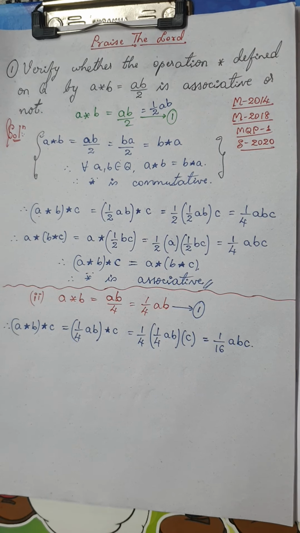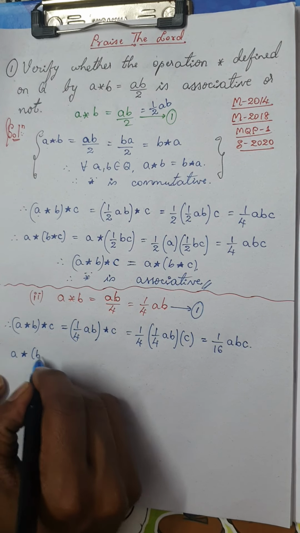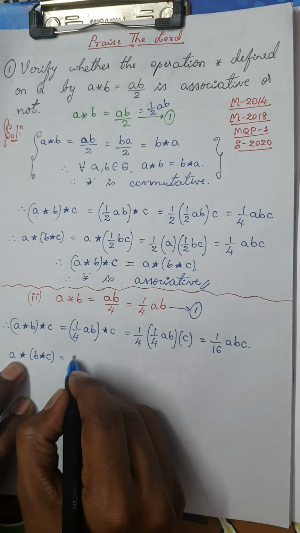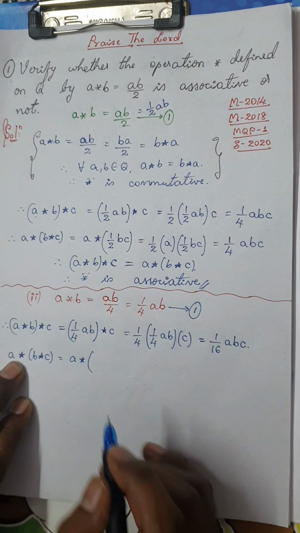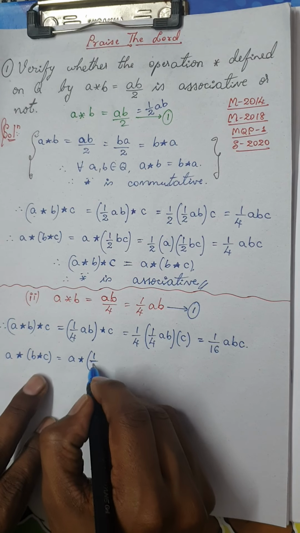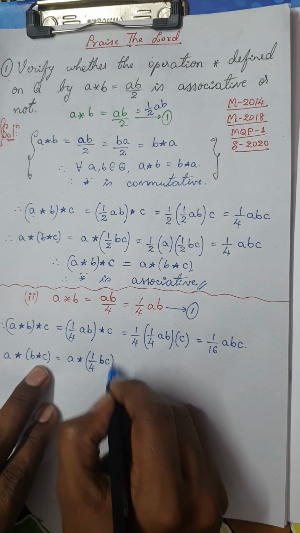Okay, is it fine? Similarly, now let us check A star of B star C. So A is alone, keep it outside as it is. Now star between B and C, according to the definition, is 1 by 4 BC. Yes, Harish, are you following?